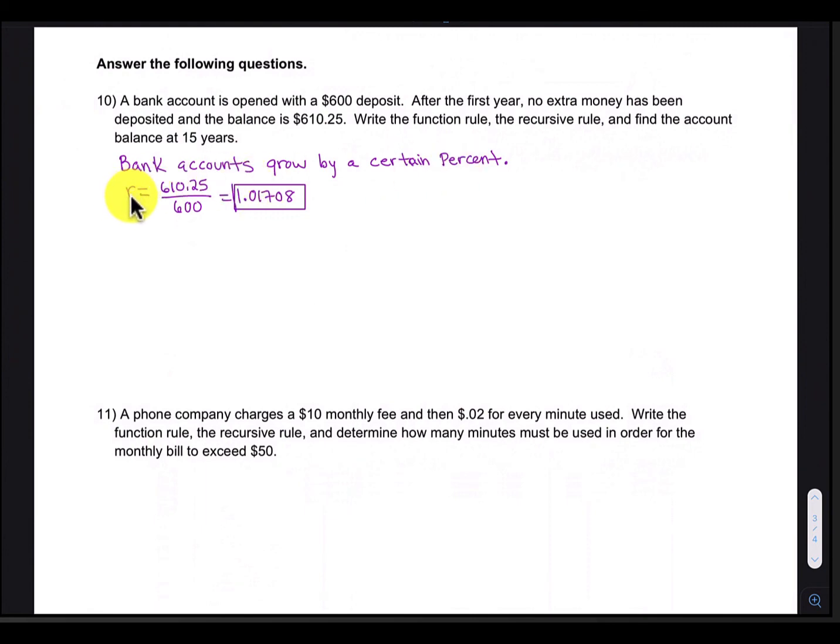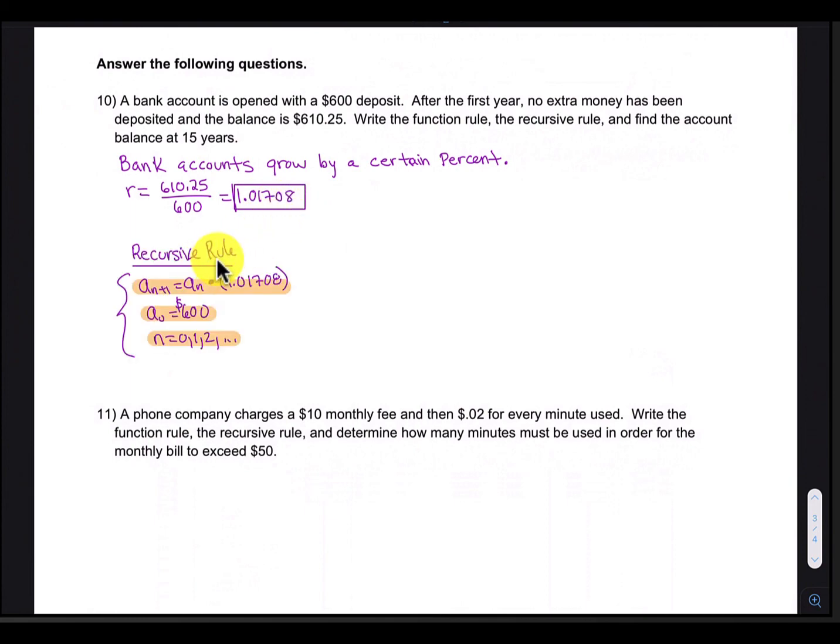So to find the common ratio, we take the balance after the first year and divide it by the initial balance. So 610.25 divided by 600 gives us a common ratio of R equals 1.01708.